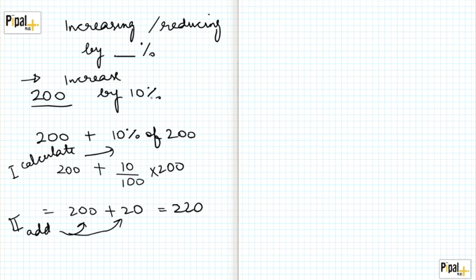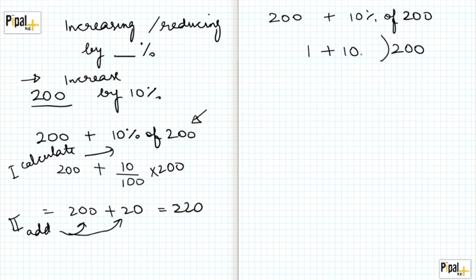So increasing something by 10%, let's take it from here. Increasing 200 by 10% is adding 10% of 200 to 200, right? So what if I take 200 common, I am left with 1 plus 10%, right? So from here I take 200 common and from here I take 200 common. So 1 plus 10%.